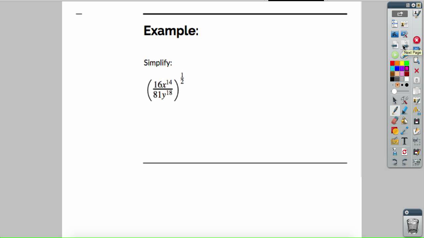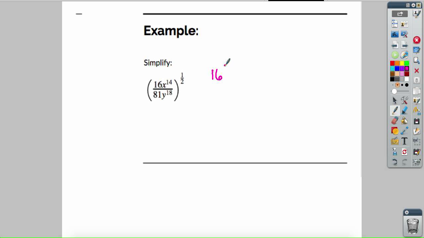Oh, this one looks like a doozy. Okay, I've got 16x to the 14th over 81 y to the 18th, all of that to the 1/2 power. So remember that I am going to observe my exponent rules the same as we always have, and so every piece on the inside of this parenthesis is now going to receive this 1/2 power.